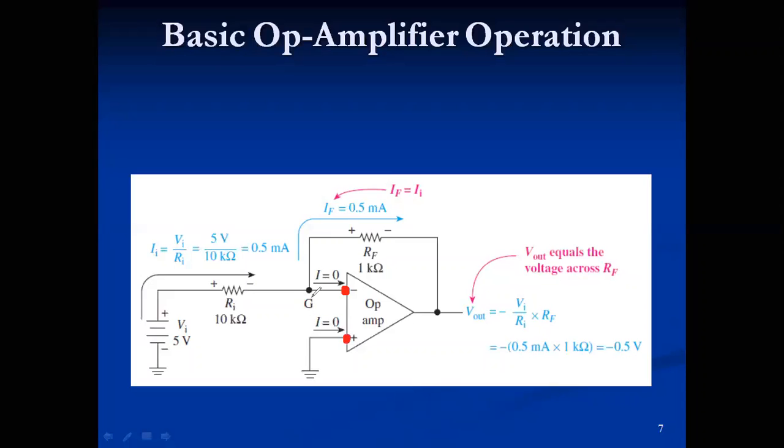Any difference between them will be magnified, and it will be reflected in this output voltage according to this formula. Now the V in here is referring to this voltage over here.